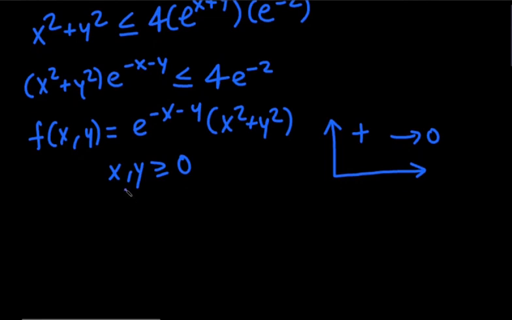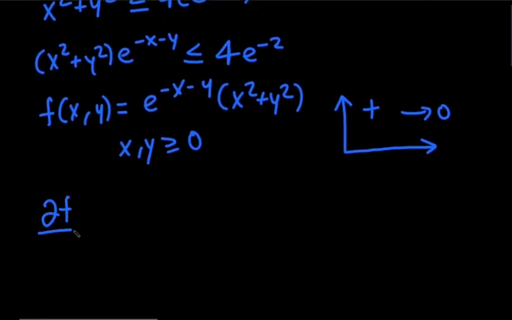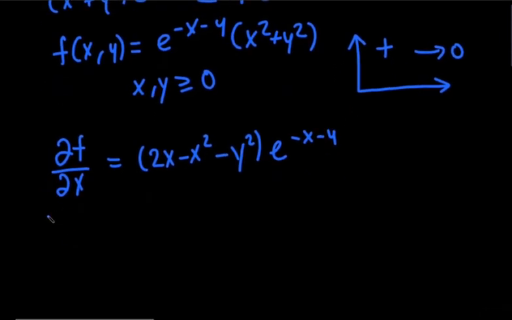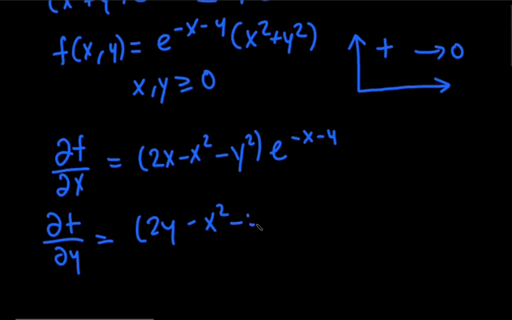So the partial derivative of f with respect to x would be equal to 2x minus x squared minus y squared, again multiplied by e to the power minus x minus y, right? Then similarly for y, we'd have 2y minus x squared minus y squared times e to the power minus x minus y, right?